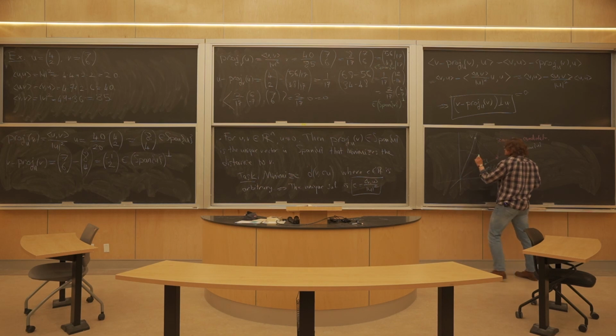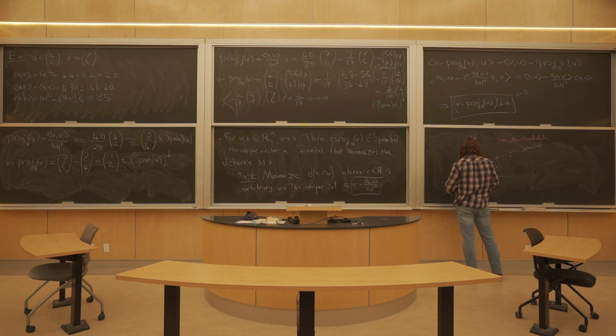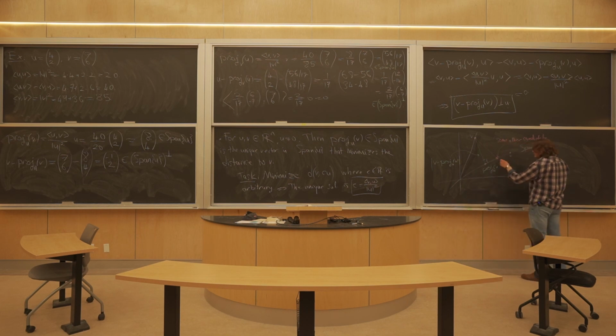So the length of this line segment is the norm of v minus proj sub u of v, and let's say this is the candidate v hat. The length of this is going to be v minus v hat. Then certainly this is going to be always less than or equal to this. If v hat, this candidate, is actually this point, then they're going to be the same, of course.